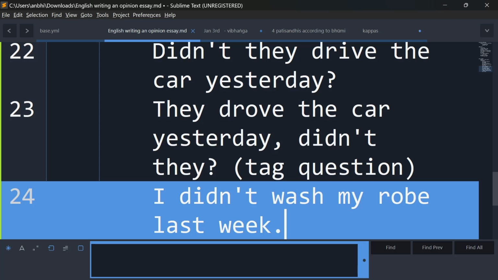So, yeah, I didn't wash my robe for a month. Okay, I didn't wash my robe last week. Now, how do you make a tag question over here? Did I? Yeah. Did I? See? It's the opposite. Okay. That's it. I think you know this, no?